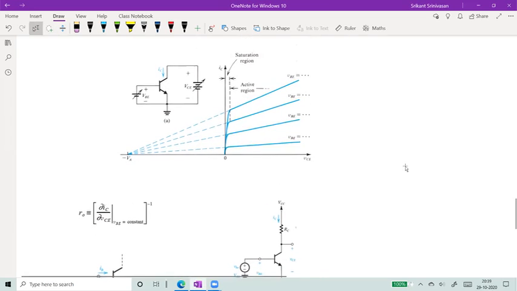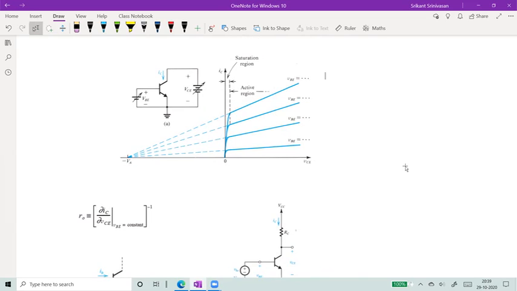So if I want to characterize this transistor, what were the parameters of importance to us? We first characterized the output impedance. We said the output impedance is the change in the collector current, dIC by dVCE, for a given VBE. So when VB is constant, I find out the ratio of IC over VC. This is basically the inverse slope.